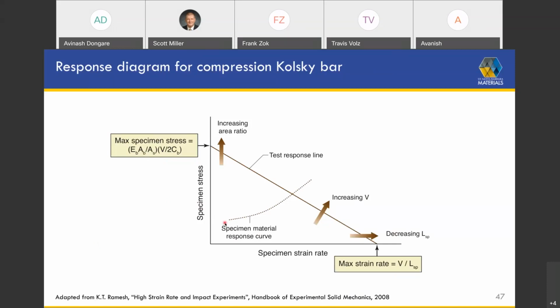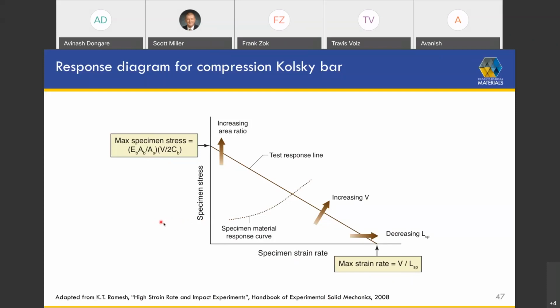Okay. So the way to think of it is this. Let's think of our material as being sort of elastic, almost perfectly plastic. It's got some yield strength, some flow stress. And we know that that flow stress depends on the strain rate once you get out to high strain rates. When we're at low strain rates, below about 10 maybe even 100 per second, the yield strength of the material is going to be insensitive to the specimen strain rate.